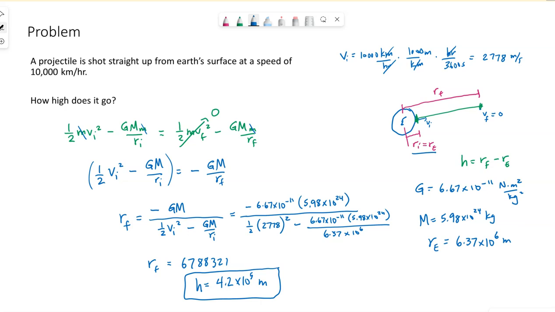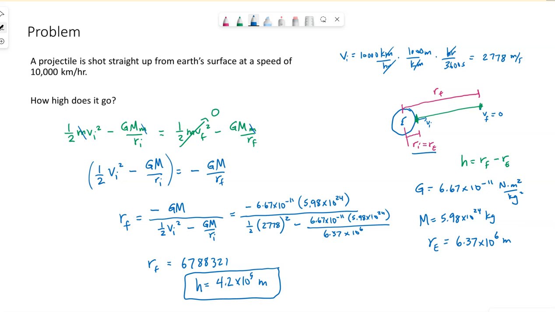So even though this particular object, this projectile, is not in orbit, we can still use that orbital energy equation simply because we're just conserving energy. The potential and kinetic energy initially is still potential and kinetic energy finally.